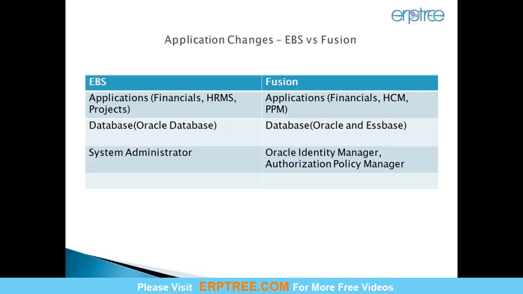The same way we have cubes which store and retrieve the data in the case of Essbase. Wherever it is required, mainly in some financial applications or financial reporting, Essbase is used. Okay, which is again an integrated database with the Fusion application.